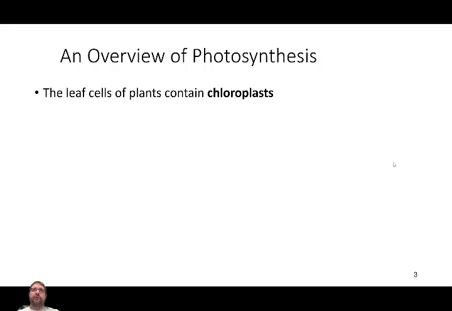But by and large, probably 95% of life on the planet revolves around photosynthesis. So we're going to talk about how photosynthesis might have evolved, and the process by which it occurs.